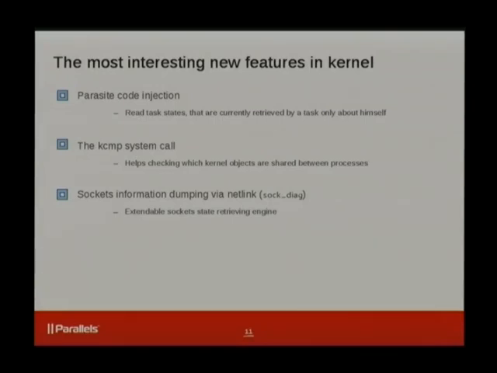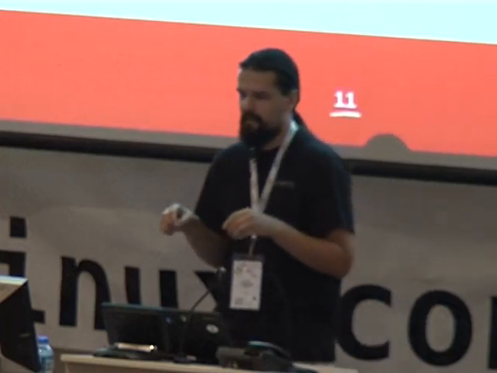For example, you can ask the sock_diag subsystem which Unix sockets exist in the system. It will dump a big blob in a netlink attributes format. It's a tree format, so you will find out lots of stuff about the sockets. It can work on UDP sockets, on TCP sockets.